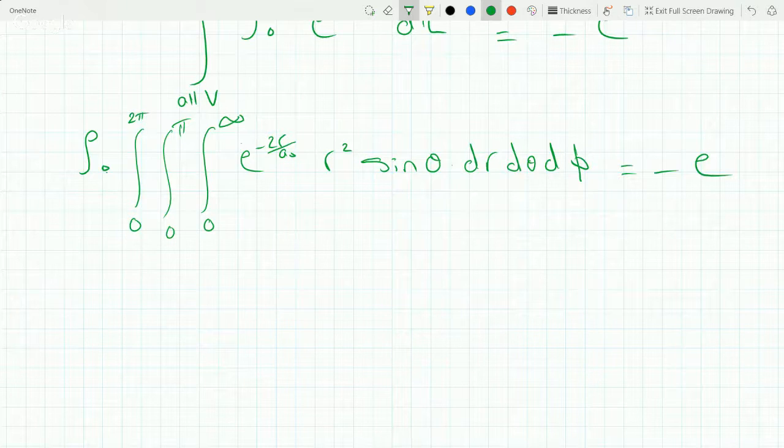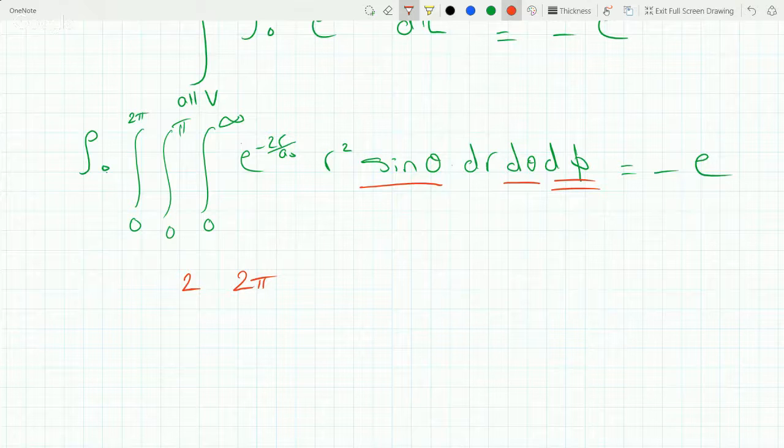So I'm going to do this in a quick way, just so I don't keep you guys long, because I'm sure you're not here to watch me doing integrals. So sine theta d theta will get us a factor of 2. d phi from 0 to 2 pi will just be 2 pi.